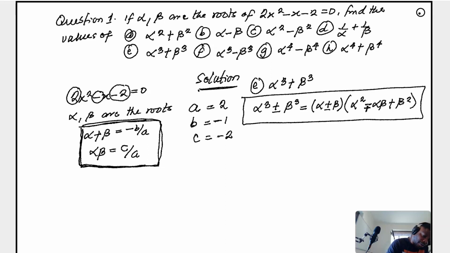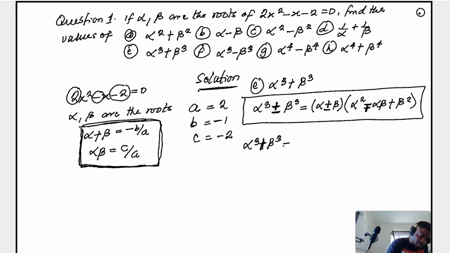Okay, let me explain how this formula is. You can see this is plus or minus. Okay? And this is minus plus. So in our case, we have alpha cube plus beta cube. So in our case, we are using plus.